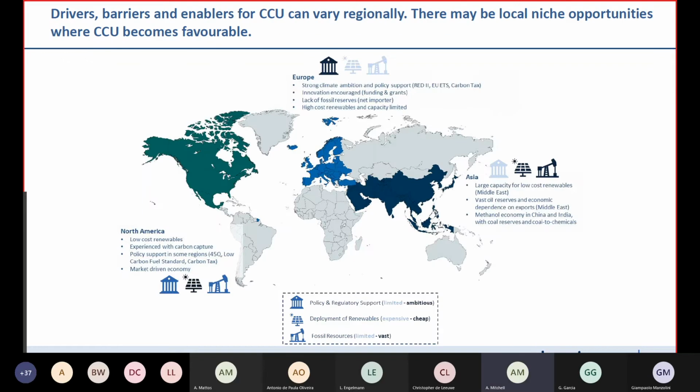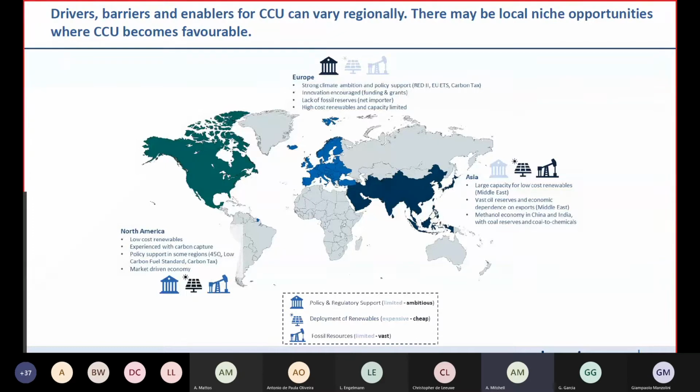So it's important to consider that barriers, drivers and enablers can vary regionally. And some key factors to consider when looking at CCU products are the policy and regulatory support in the region, the cost and availability of renewable electricity, which is particularly important for routes involving hydrogen generation, and the availability of fossil resources, whether the region is an importer or exporter, and how this impacts the regional goals.